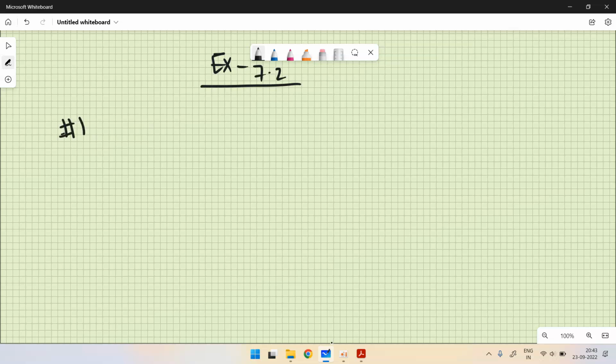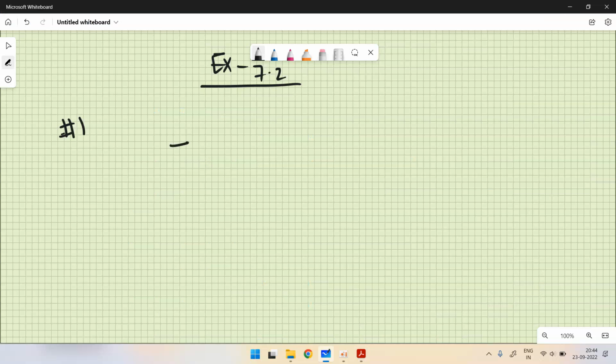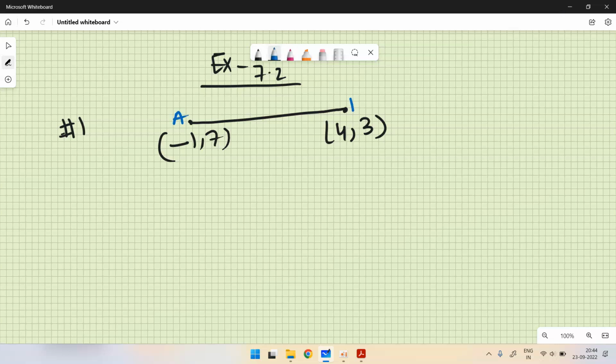What it says is: find the coordinates of the point which divides the join of minus 1 comma 7 and 4 comma 3 in the ratio 2:3. Let me say this is my A, this is my B, x1, y1, x2, y2.